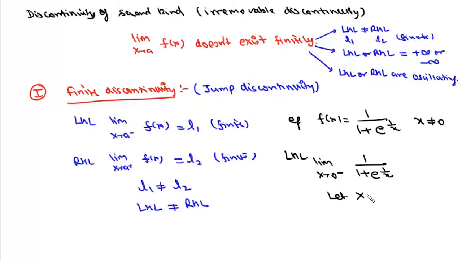Now we let x as 0 minus h, so it will be limit h tends to 0 positive of 1 upon 1 plus e to the power minus 1 by h, and if we put h tends to 0, this is e to the power minus infinite, and e to the power minus infinite is 0. So in this case, left hand limit is 1.